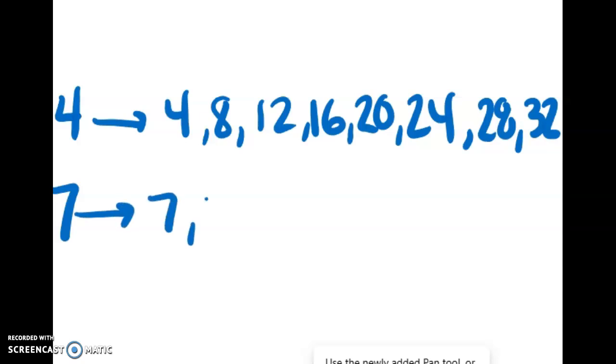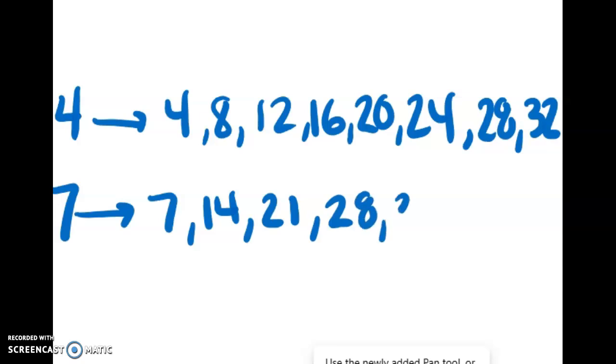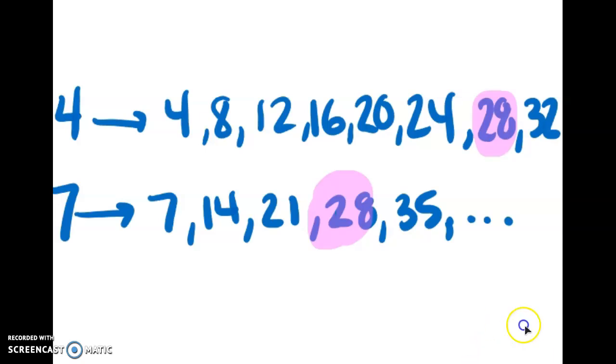And then I take 7 and I list out those multiples. The multiples of 7 are the numbers when you're adding by 7, or you take 7 times 1, 7 times 2, 7 times 3, 7 times 4, and so on. So when I look at this, I can see that I do have a common multiple, and the least common one is 28. So that is another way to approach these problems.